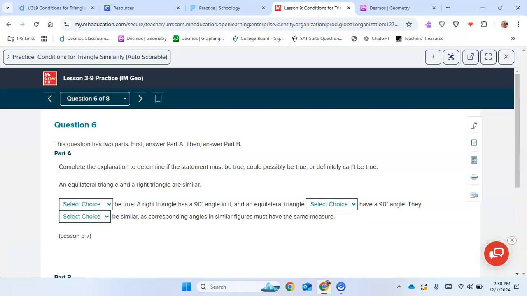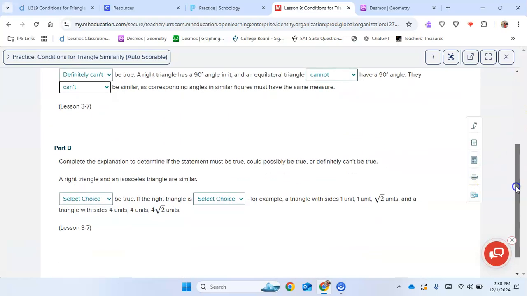So that can never be true. Definitely can't be true. A right triangle has a 90-degree angle in it, and an equilateral triangle cannot have a 90-degree angle. They can't be similar, as corresponding angles in similar figures must have the same measure.